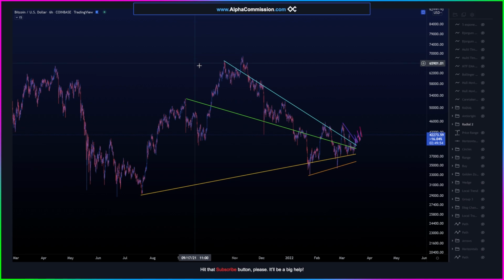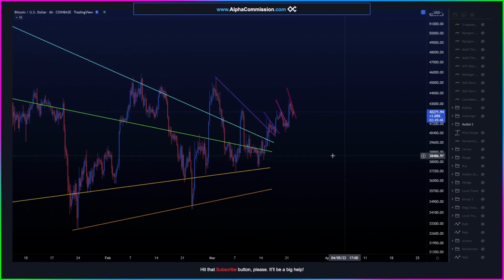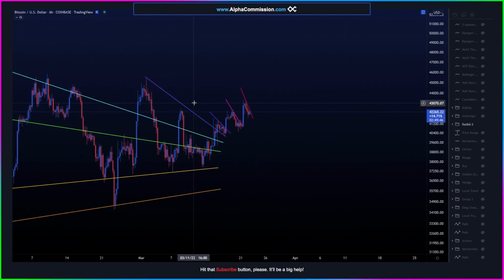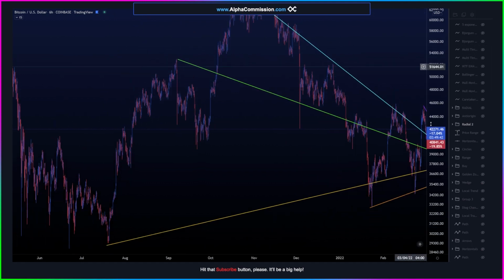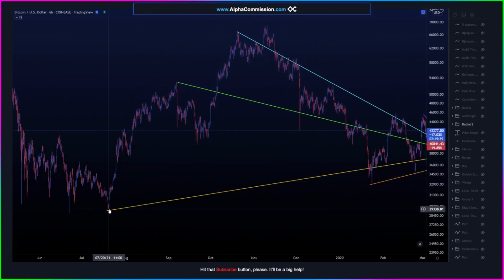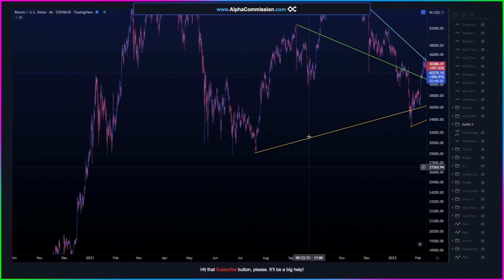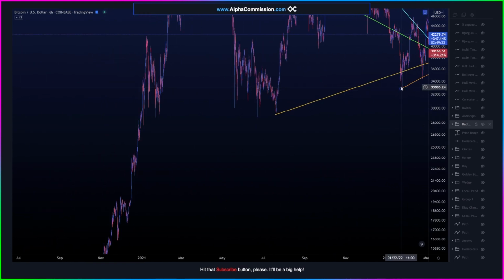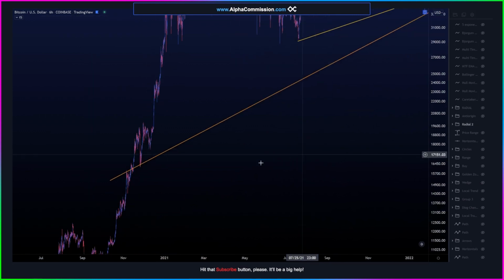This is all connected. Our price movement right now is connected to this radial, and these radials were formed at the origin of this capitulation. And maybe if we go back further, look at that.